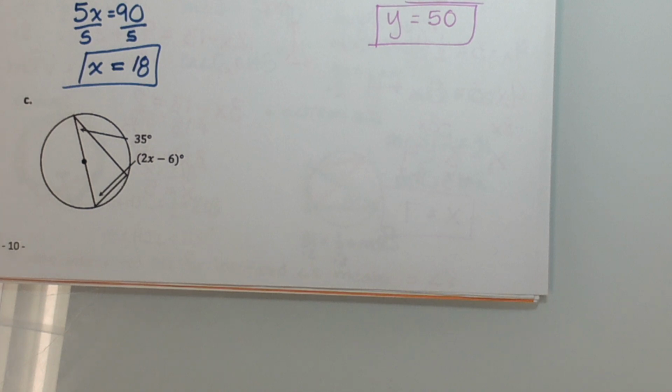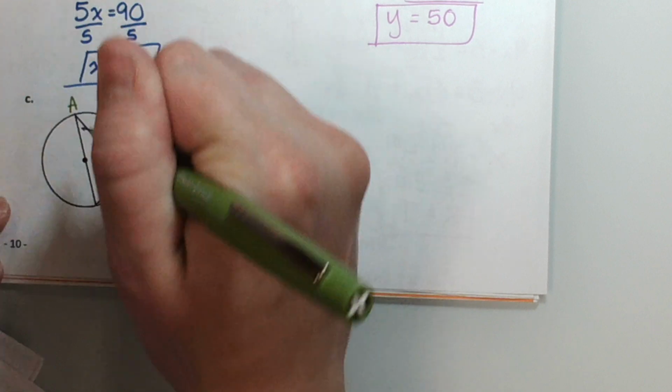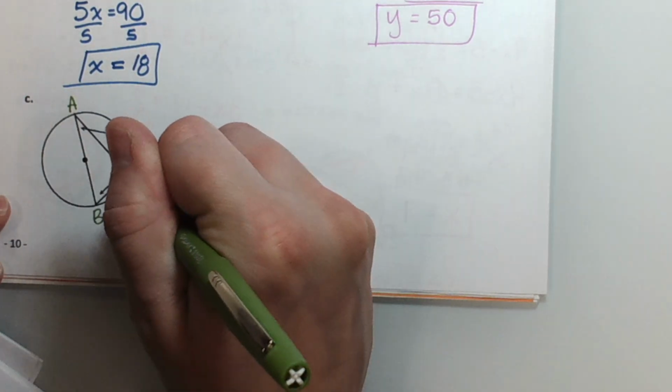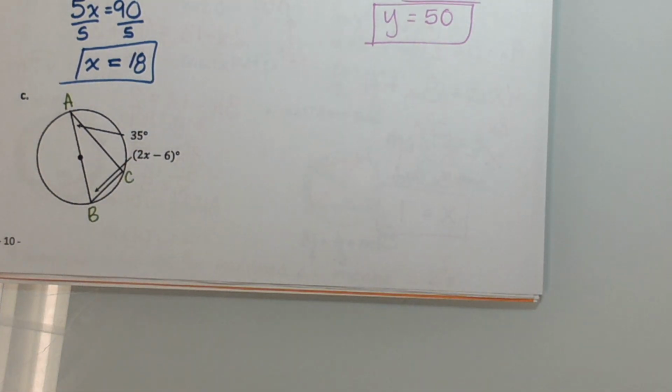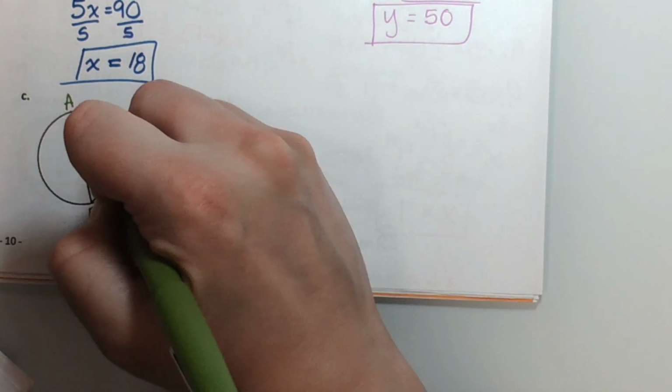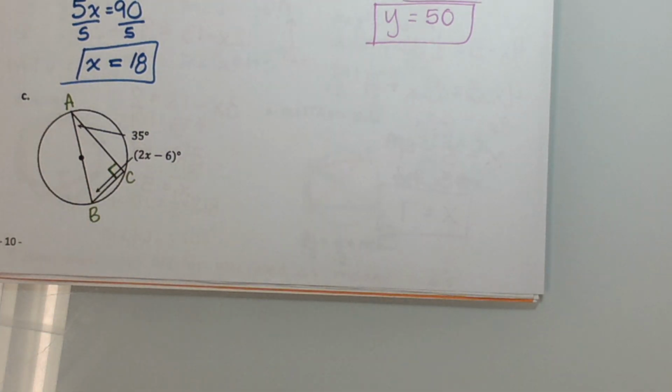Cam, which angle needs to be the right angle in this one? And for the sake of ease, I'm going to call that one A, that one B, and this one C. C is our right angle. Lily, how can we solve for X? 2x minus 6 equals 90.